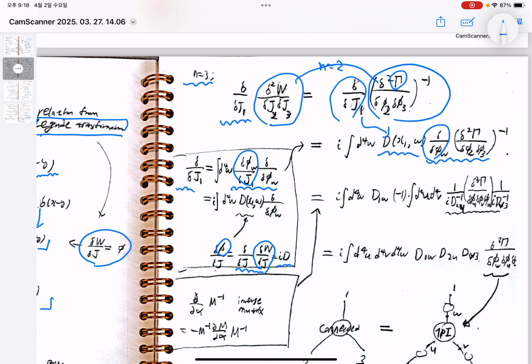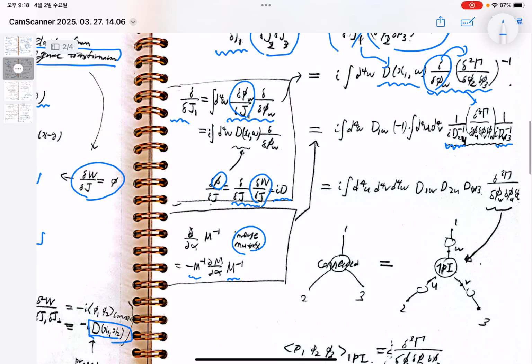So this gives the third derivative of the effective action, and we use the relation from linear algebra: if we differentiate the inverse matrix, this gives such a form. So there will be one over the inverse propagator and one over the inverse propagator appearing.